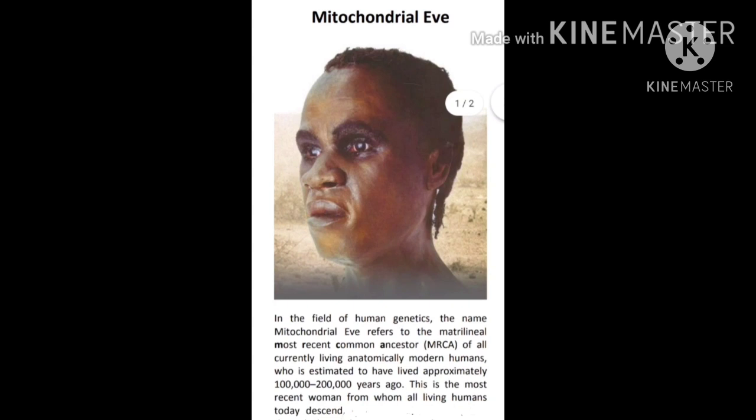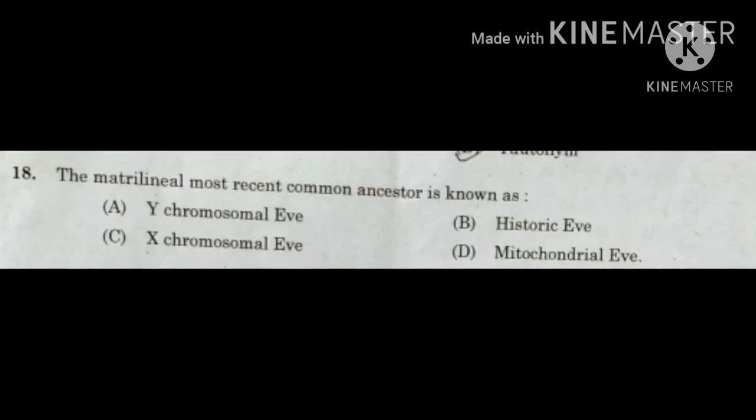This is the most recent woman from whom all living humans today descend. Okay, and this mitochondrial Eve, the matrilineal most recent common ancestor, is abbreviated as MRCA. So the correct answer for this question is option D, mitochondrial Eve.